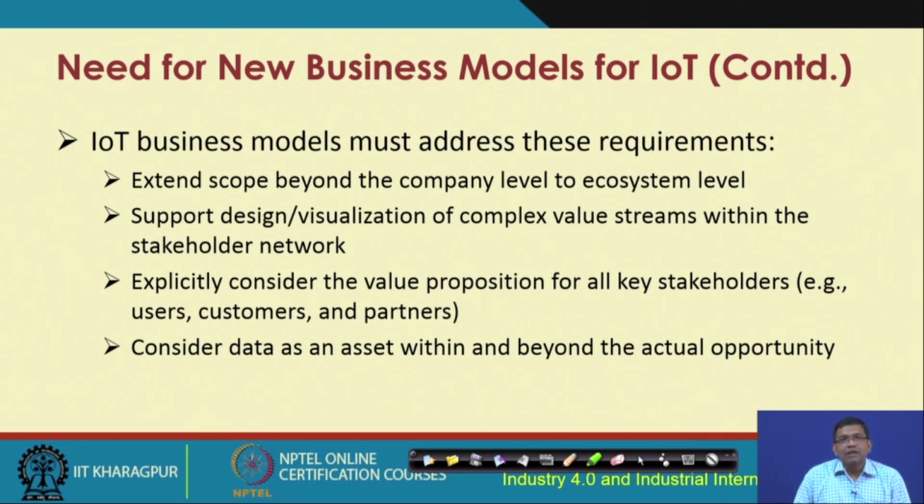All these things will have to be considered. And the last one is the consideration of data as an asset within and beyond the actual opportunity that is created. When we talk about IoT in a business world, we are talking about a lot of data that is generated, and this is a very important consideration in IoT.